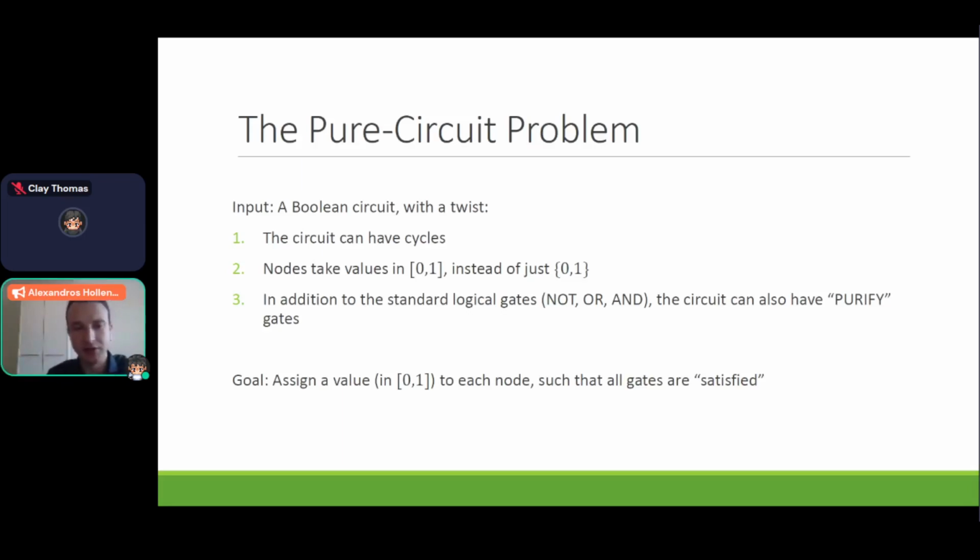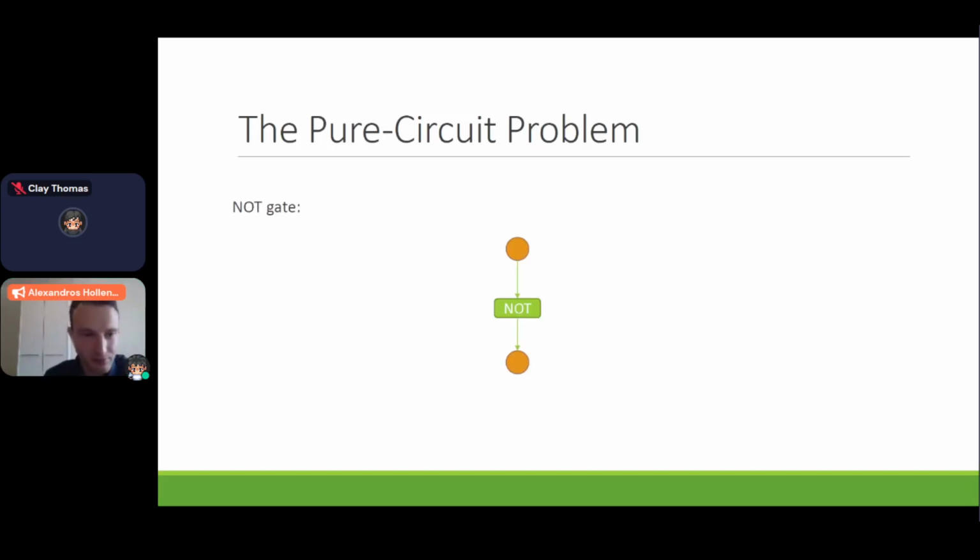So let's take a look at the different gates now. The simplest gate is the NOT gate. So the NOT gate has one node as input and one node as output. Okay, so the round orange things here are the nodes of the circuit and represent the gate by this green thing.